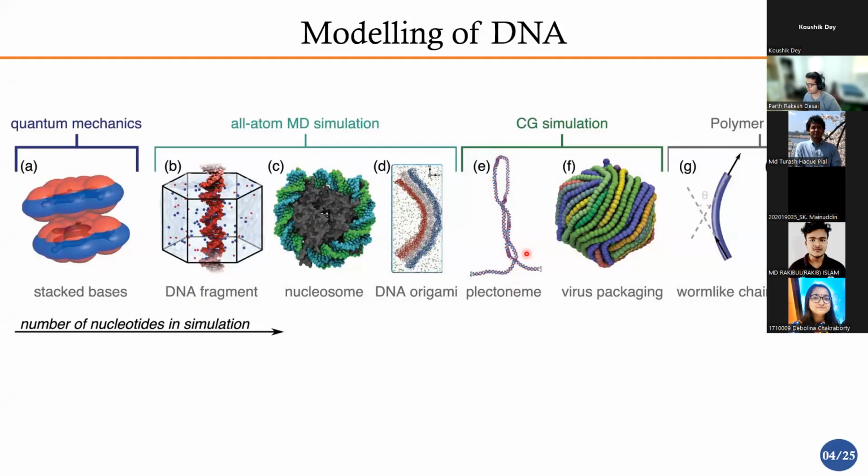My main focus was the coarse-grained regime. Coarse-grained is when you combine two or more atoms together as a single unit, and then you approximate the forces applied on that single unit. There are varying levels of coarse graining people can do for DNA.